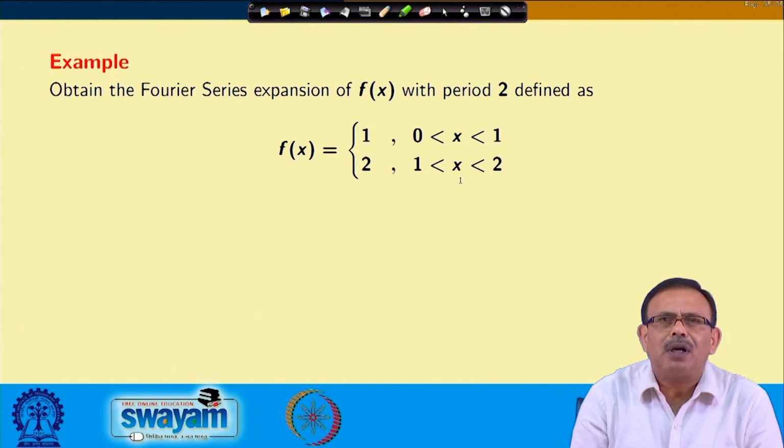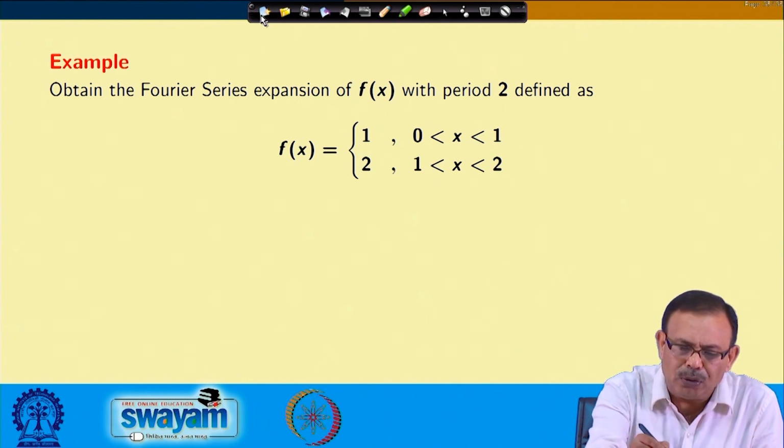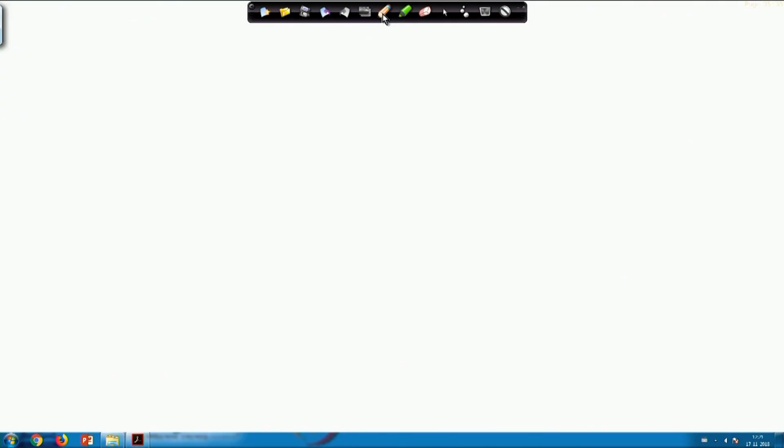A function is given with a period 2, where f x equals 1 for x between 0 to 1 and 2 for 1 to 2. Let us see, f x, we are not able to tell whether it is even or odd.